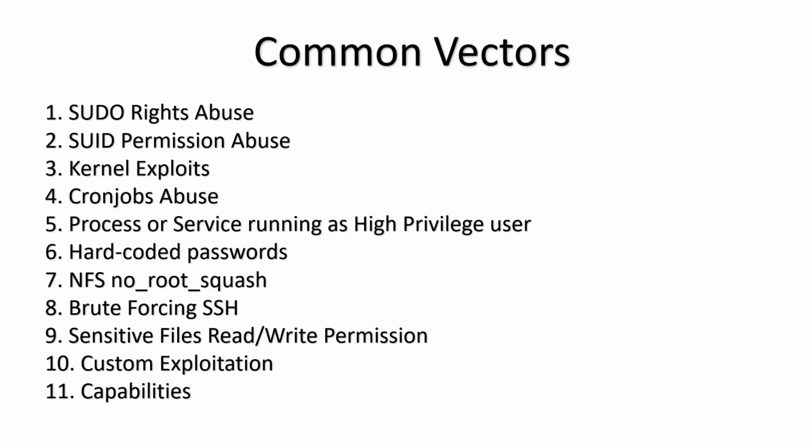The etc shadow file contains the password hashes of all the users. So even if you only have read permission on the etc shadow file, you can simply take out all the hashes and use tools like John the Ripper and Hashcat to crack those hashes and get access to other users.